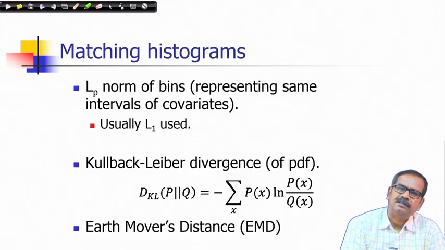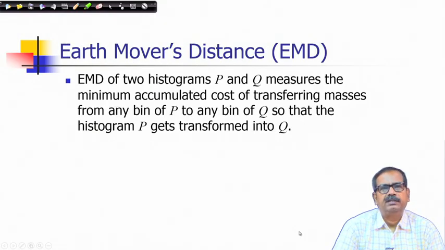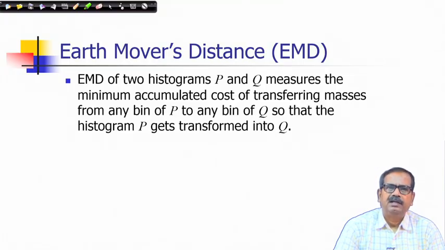There is also another distance function which is called the earth mover's distance, which I will elaborate a bit more. In this case the idea is that you have two histograms P and Q, and you consider transforming one histogram P to Q by transferring masses from a bin to any other bin of Q. So, you are assuming that every bin has a certain amount, that is the definition of a histogram, it is a frequency distribution.